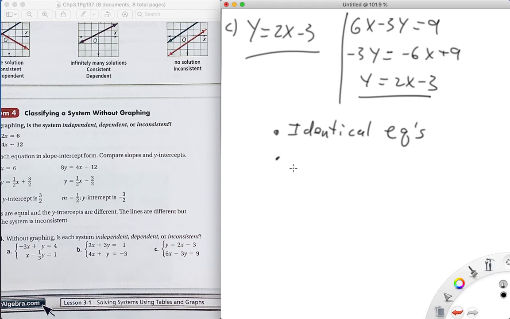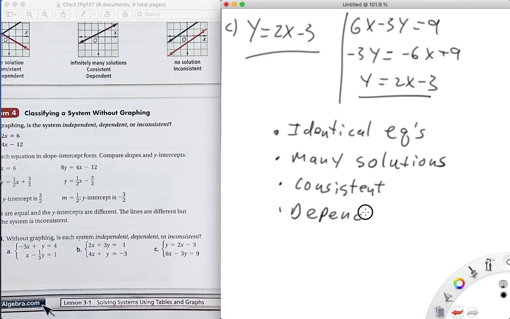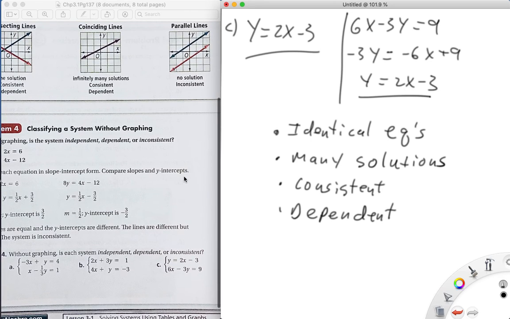So that means that it has many solutions because they're the same line. They're stuck on top of the other. So that makes it consistent and dependent because they are the same lines. Okay, so they're coinciding lines.